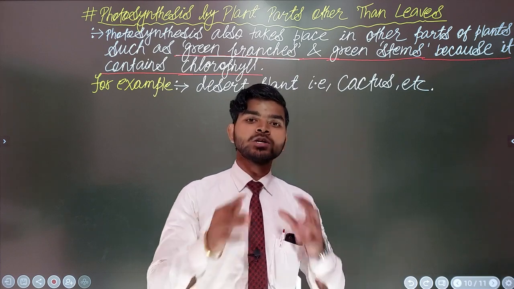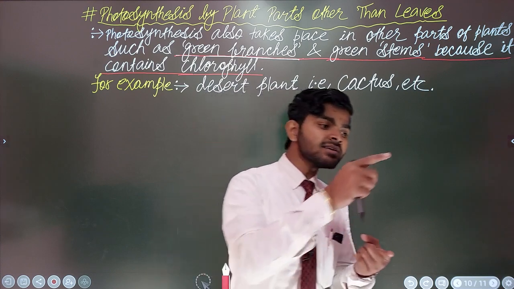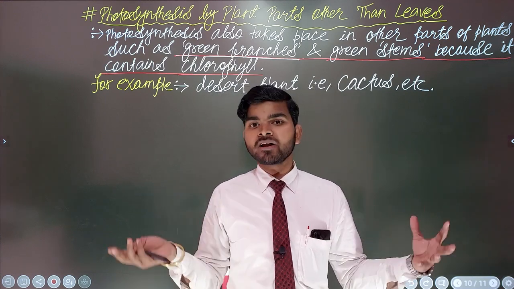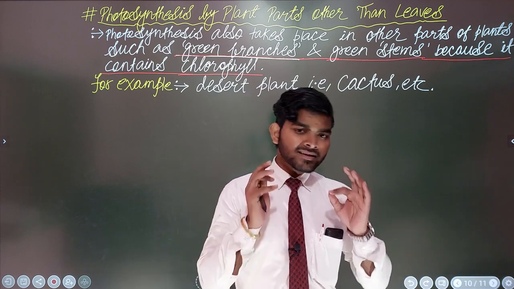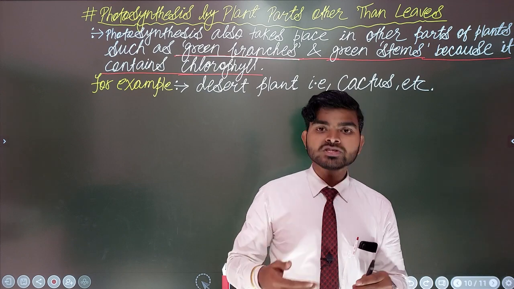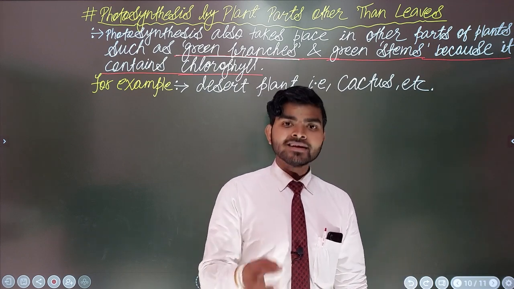Someone may ask you, you are saying that plants can do photosynthesis without leaves or in parts other than leaves, that is the stem or maybe branches. But the condition required here is that the green branches or green stems must contain chlorophyll.